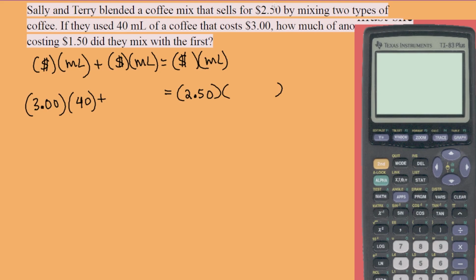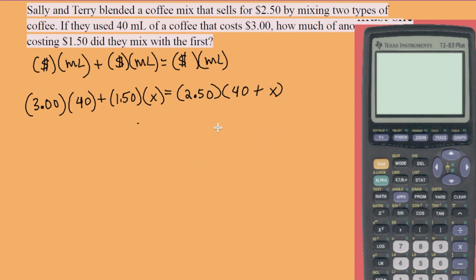How much of another coffee costing $1.50? So we know the cost is $1.50, but we don't know how much amount. That's milliliters. Call that X. Okay, and then our total here will be 40 milliliters plus X. Good.